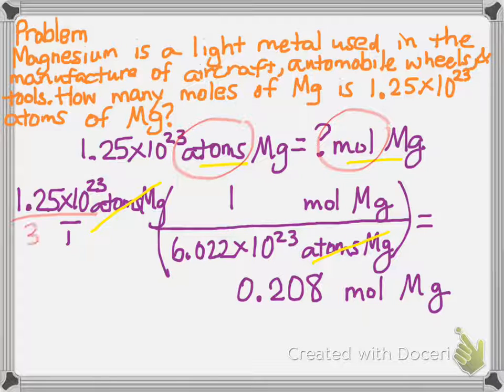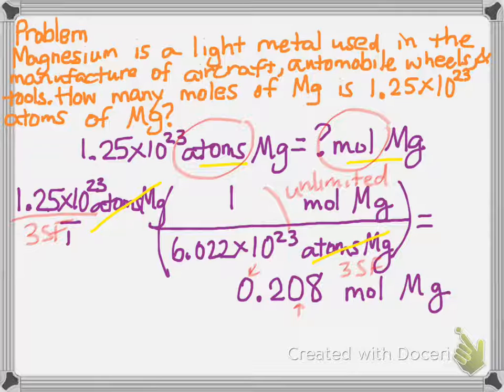This has 3 sig figs, and this is a definition, so this has unlimited significant figures. So my answer can only have 3 sig figs. So I have to write my answer as 0.208. Remember, this 0 is not a significant digit, and this 0 is because it's between numbers that are not 0.